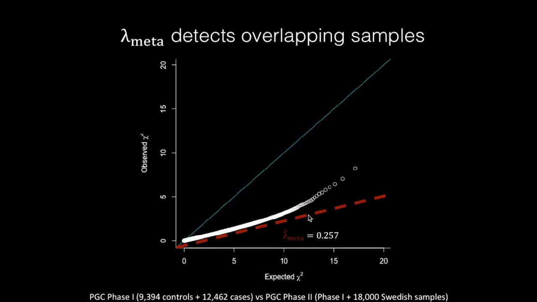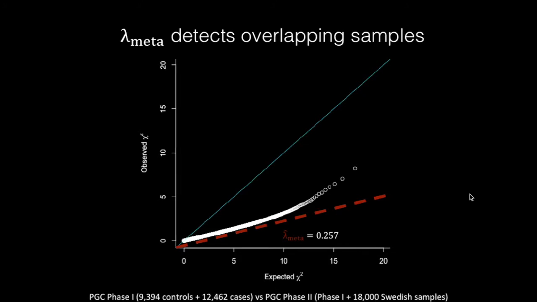We can see the red slope, which shows very clearly how significant the overlap is. Actually, PGC2 completely covers PGC1. If we don't know the overlapping samples for PGC1 and 2, we also can use the overlapping slope of 0.257 to estimate the overlapping samples between these two cohorts.